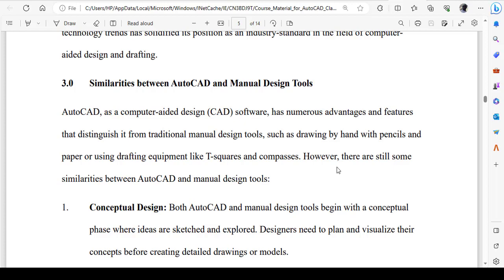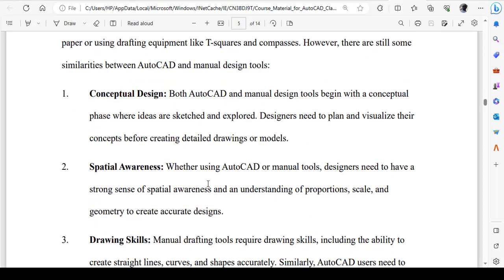The first thing is that both of them need a conceptual design, which means you should be able to visualize what you want before you draft it out. And that's what you literally need to do in both AutoCAD and your manual design. You understand?